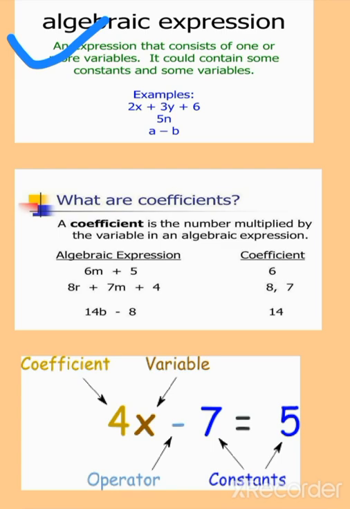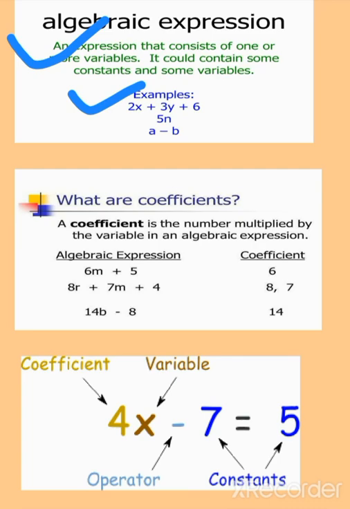Here are some examples of algebraic expressions. 2x plus 3y plus 6, 5n, a minus b. All these expressions are algebraic expressions because in these expressions we can see variables, constants, as well as mathematical operations.